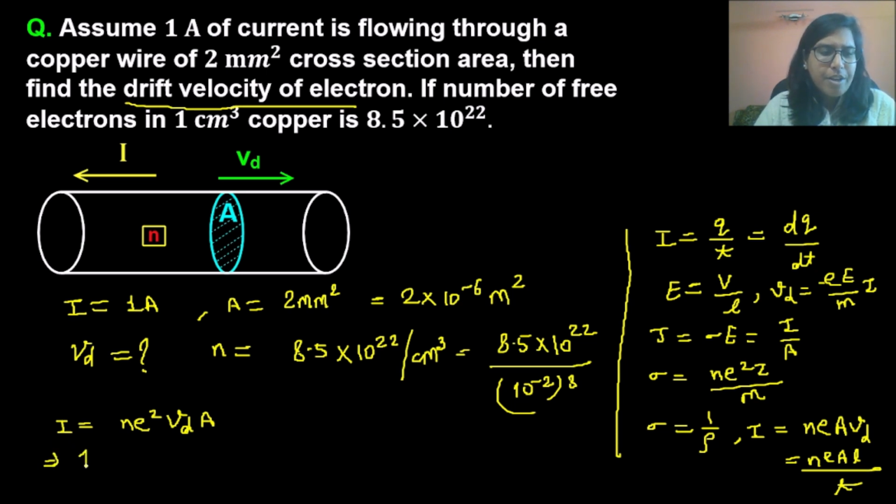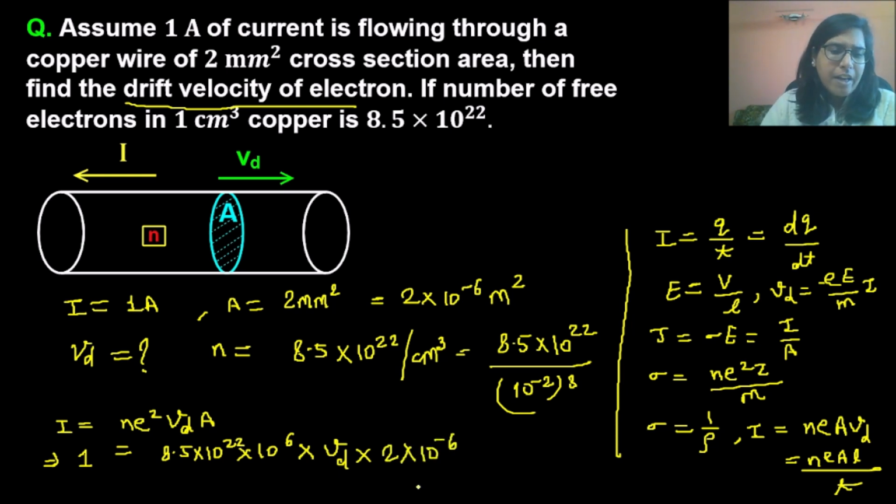This is 1 ampere and n is given 8.5 into 10 raised to power 22 into 10 raised to power 6. Vd we have to calculate. Area was 2 into 10 raised to power minus 6. So you can calculate this and we'll find the value of Vd, right.